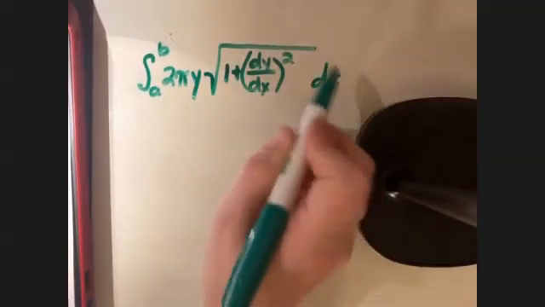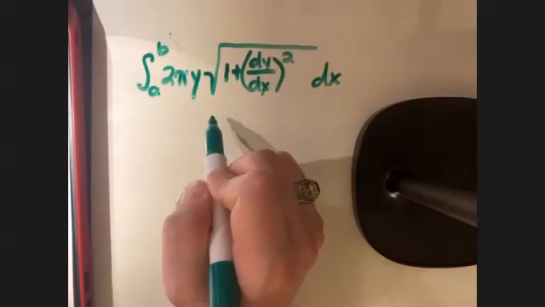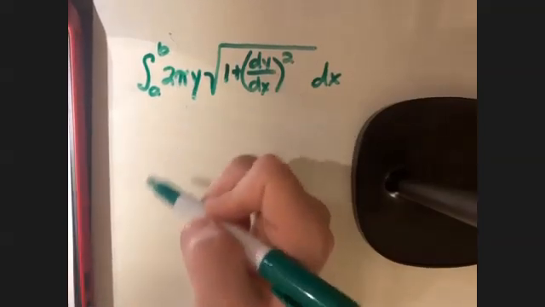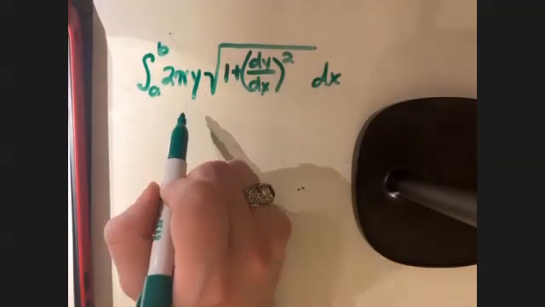Notice this part looks very, very similar to when we were just doing arc length. The idea here is I need to expand that into the revolution, so I need this 2 pi y part.